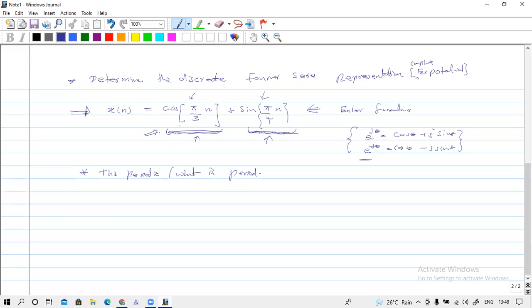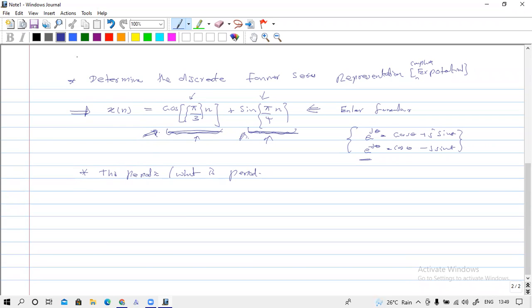You need not prove whether it is periodic or not. So you know that this is periodic and this is also periodic. So what is the period here? You know that this is the fundamental frequency, no?